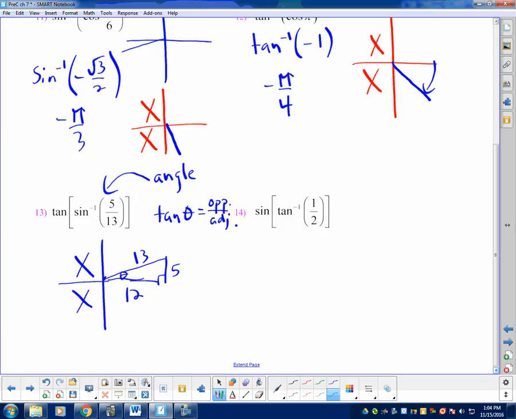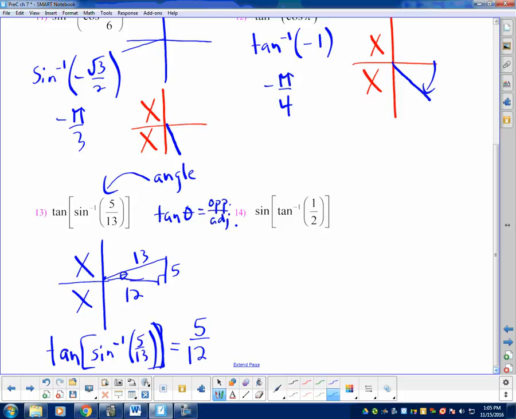So it goes back to finding all the pieces of the right triangle, which you will be doing on your test as well. So what I'm asking for here is tangent of some angle, and that angle is represented by inverse sine of 5 over 13, is equal to, I'm in the first quadrant, so it's positive. Opposite is 5, adjacent is 12, so my final answer is 5 over 12.